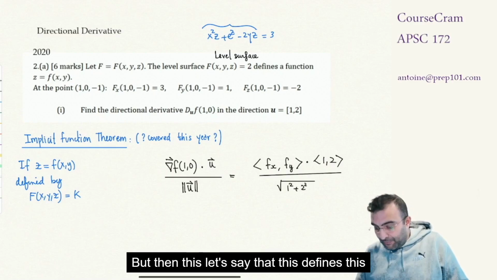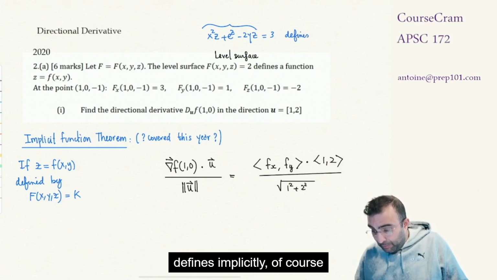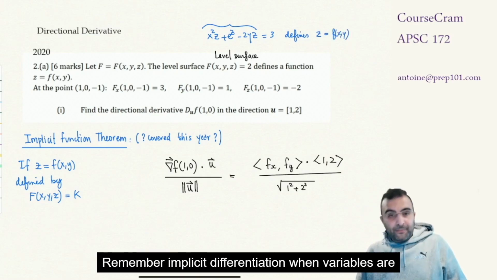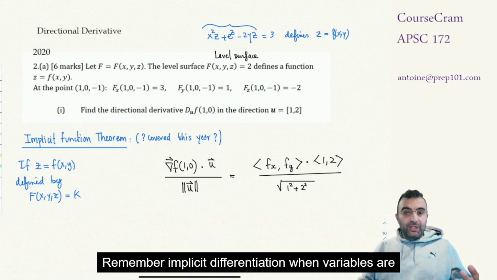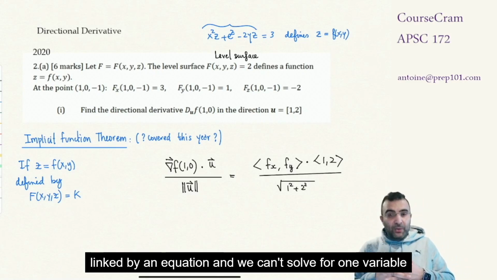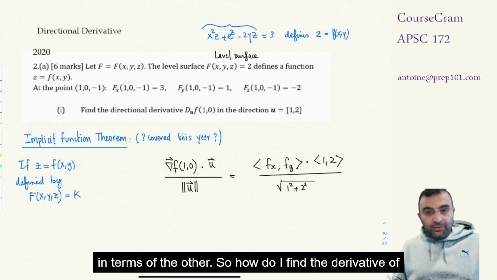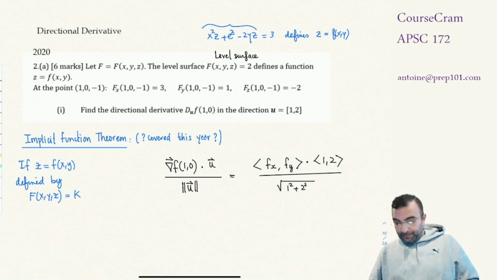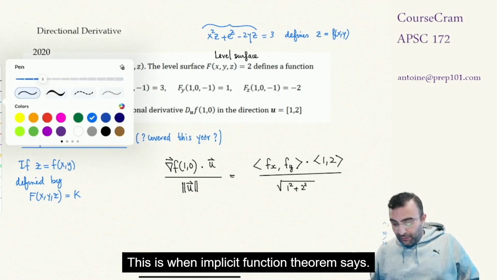But let's say that this defines implicitly, of course, z as a function of x and y. Remember implicit differentiation, when variables are linked by an equation and we can't solve for one variable in terms of the other. So how do I find the derivative of z in this case? This is what the implicit function theorem says.